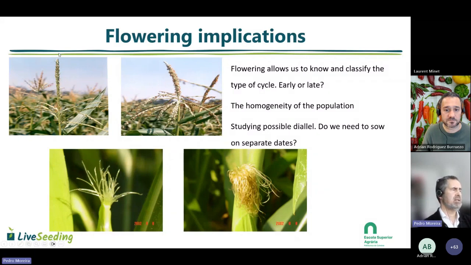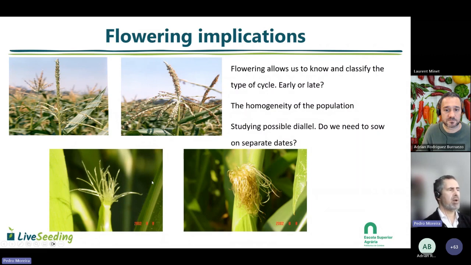This is the tassel, and the tassel generally starts with the main branch that starts to flower, and then it goes from this part to the other branches, and then it finishes. It could take from 3, 5 days, sometimes more. It depends on the structure.